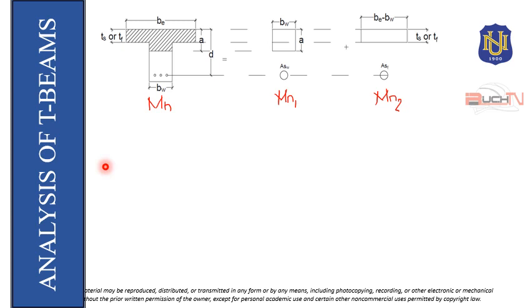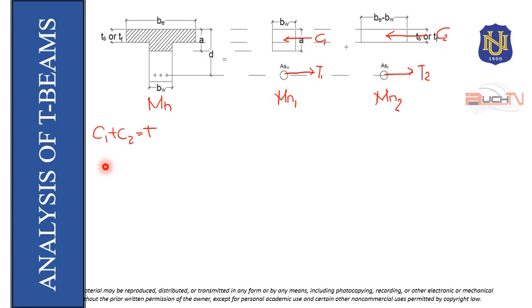So, to get the value of A coming from this method, so from C1, that will be C1 plus C2 is equal to T. So, from the first diagram, ang C1 natin dyan, so if this is the C1, then this will be T1, then this will be C2, and this will be T2. So, for C1, that will be 0.85.